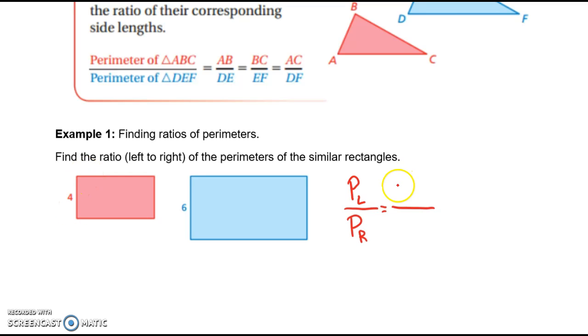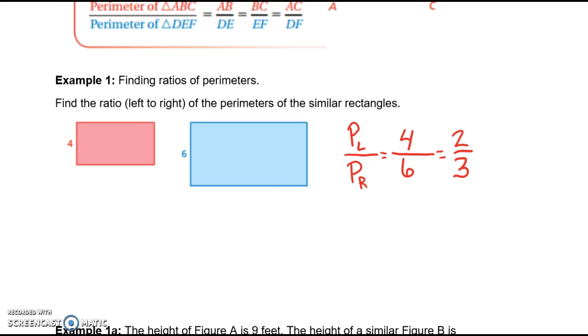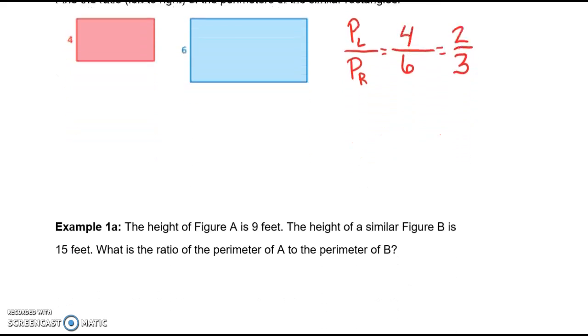So we know that this side length over here is 4, and that same side over here is 6. And of course, reduce anytime you can. So the ratio of the perimeters of these similar rectangles is 2:3. And that's it. Okay, but labels, set up your labels. I promise it'll help you.